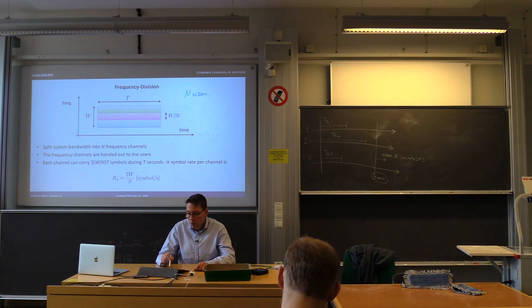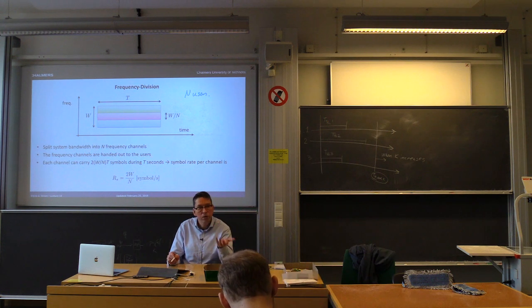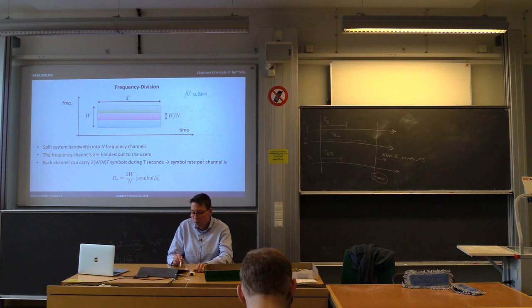So we split the system bandwidth into n frequency channels. The frequency channels are then handed out to the users. The users can use them for their own, without fearing interference from anybody else. So then what can each channel carry? It can carry 2 times the bandwidth times t symbols during t seconds.